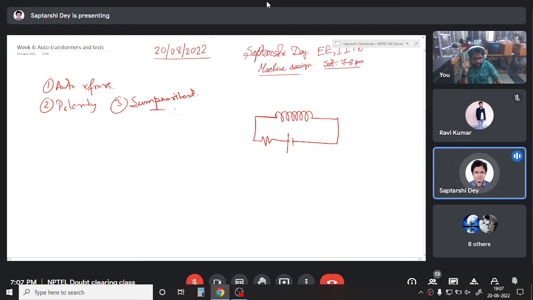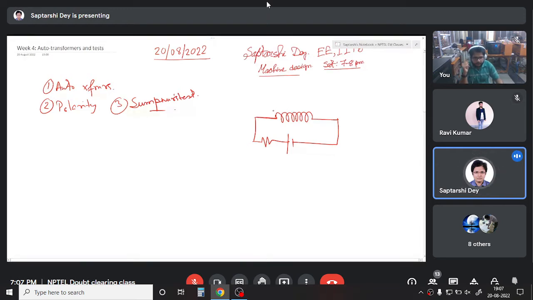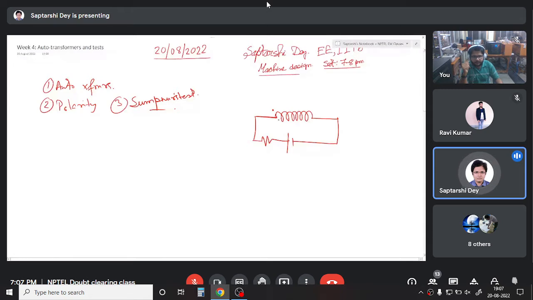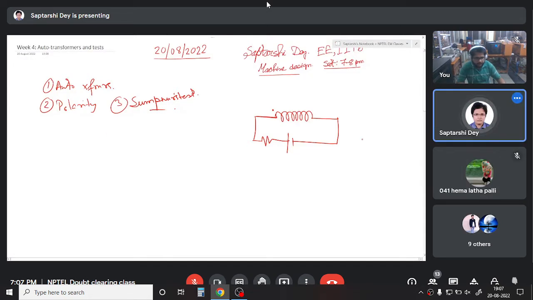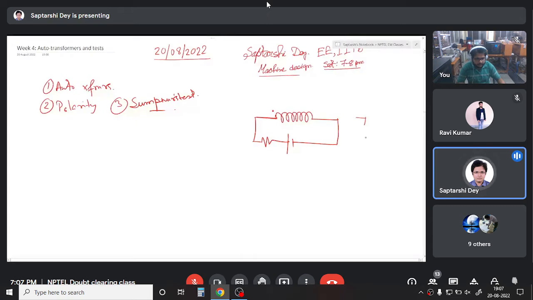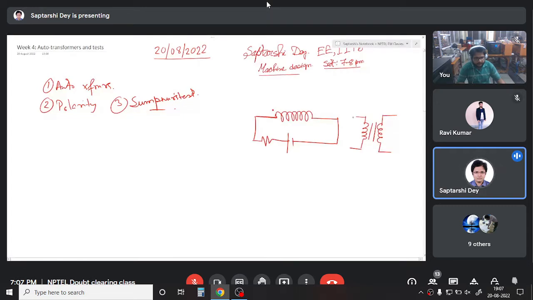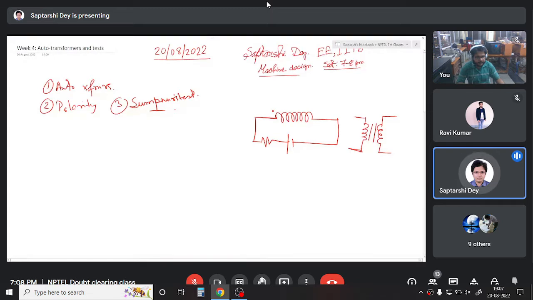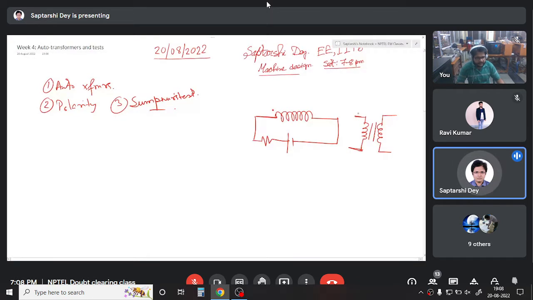Like here I have only one inductor, I put a dot here, it doesn't mean anything, meaningless. But when you have coupled inductors, there can be more than two also, but there has to be at least two, then the sense of the windings matters. So what do we mean by sense of winding?